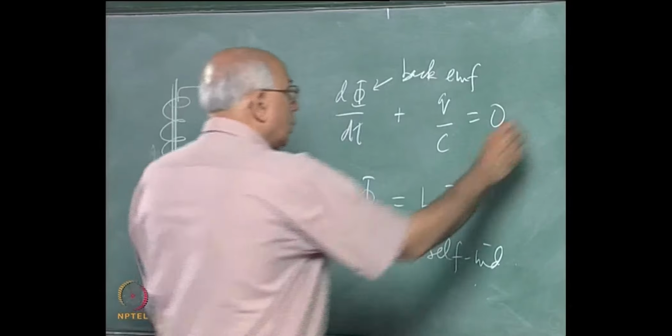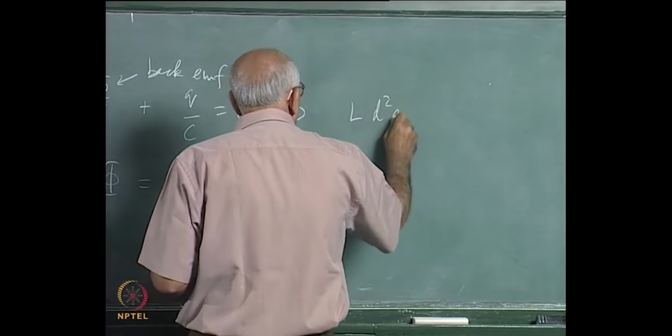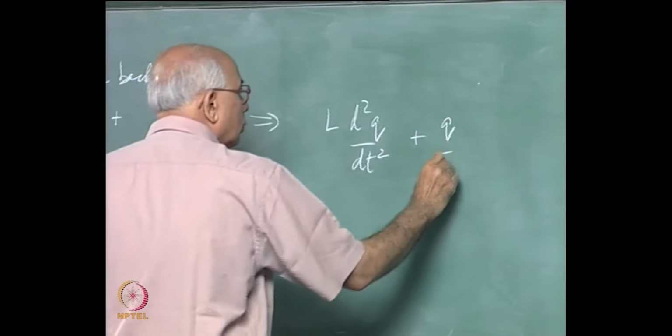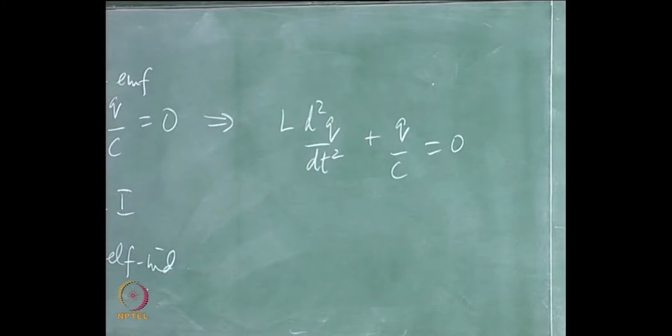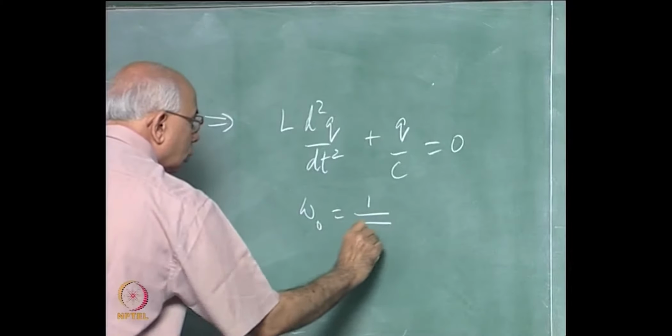Therefore this equation would immediately become L d2q over dt2 plus q over C equal to 0, which is nothing but simple harmonic oscillations with a natural frequency omega naught is 1 over root LC.